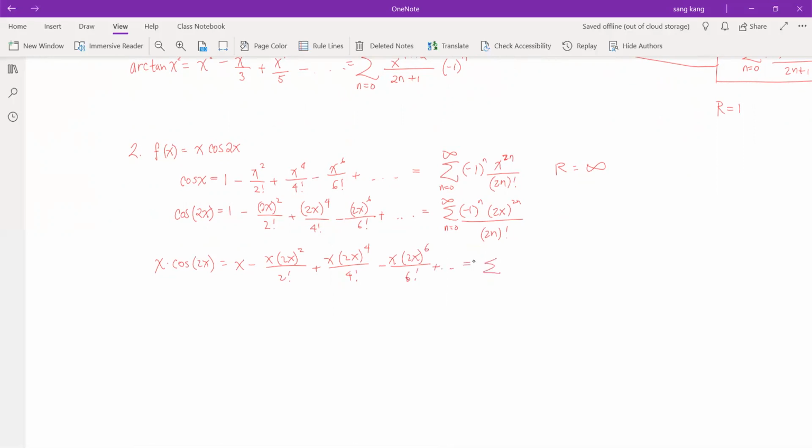And I can do that to the sum as well: negative 1 to the n times x times 2x to the 2n over 2n factorial. I can simplify this a bit by combining the x term with this x term here, but first I need to separate out this 2 to the 2n. So negative 1 to the n, 2 to the 2n, and then I can combine this x, which is x to the 2n plus 1, divided by 2n factorial.